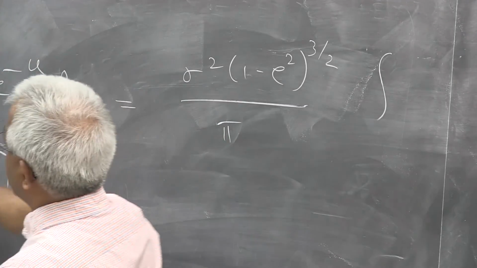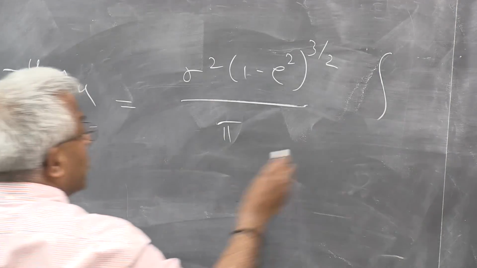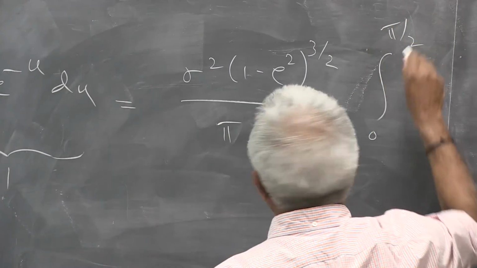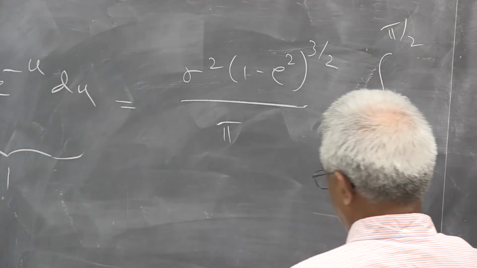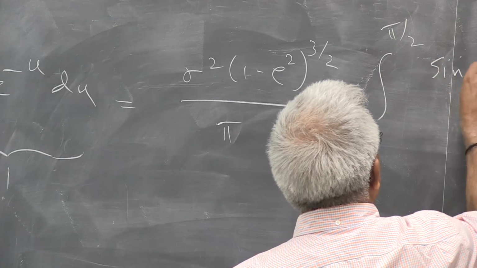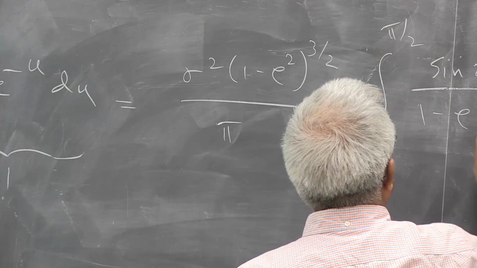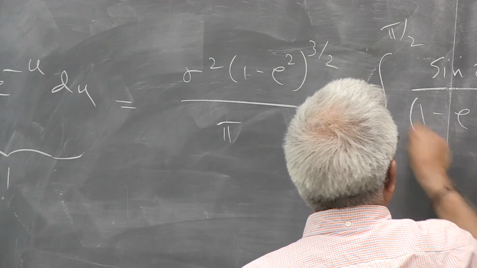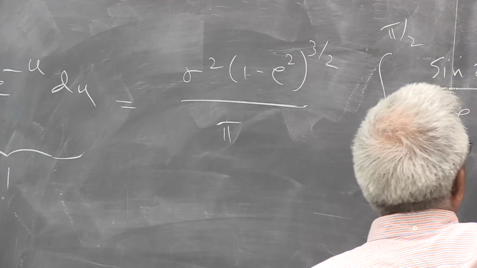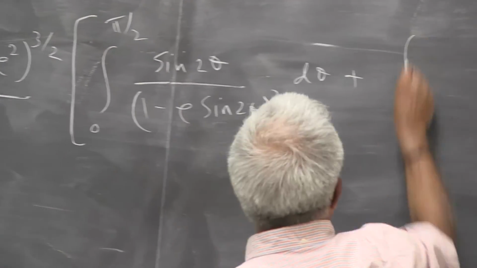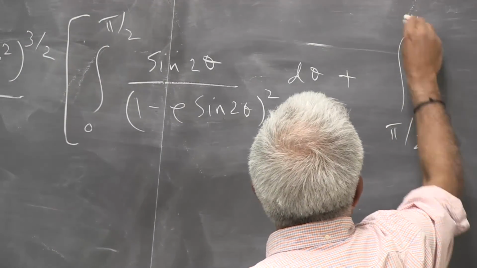Then this integral is from 0 to pi, which I'm going to write as 0 to pi by 2, but in 0 to pi by 2 sine 2 theta is positive. So I can write it like this, plus pi by 2 to pi.